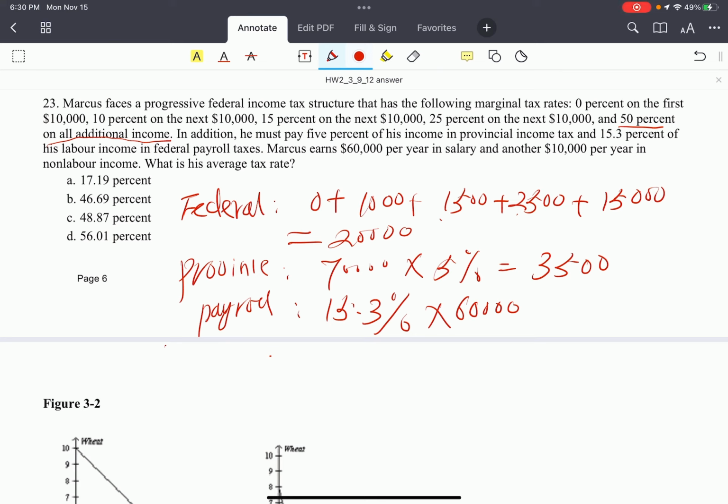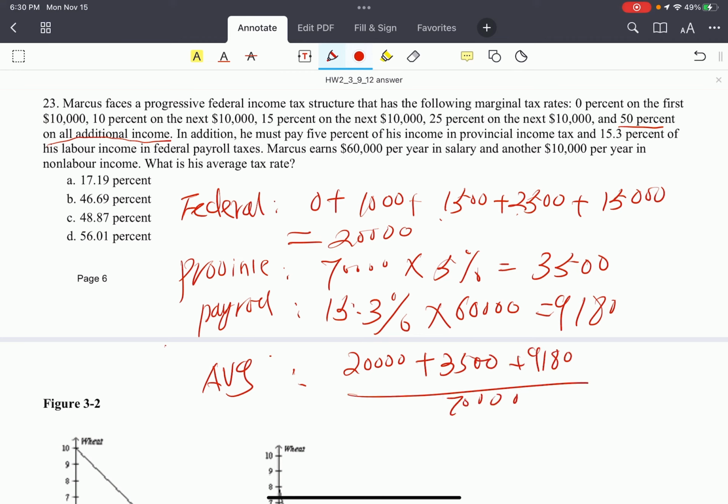So let me pull out my calculator. So we have this. So this should be 9,180. And then the average tax would be adding up all these numbers divided by the total amount of income.